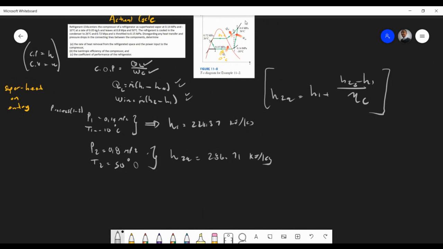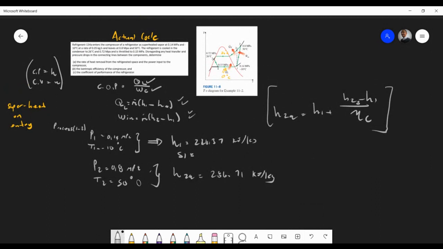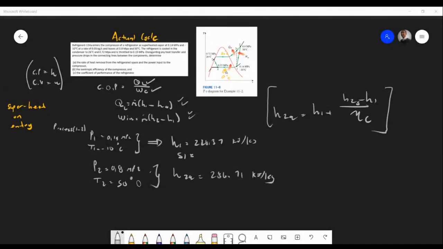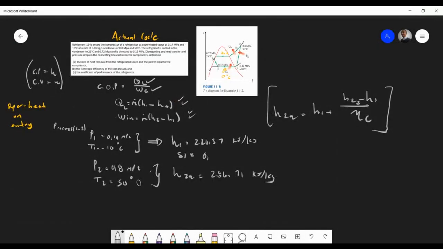So to find H2S, we have to find S1, right? I'm just doing that now. So let's go back to our saturation tables, not the superheated ones, and check what S1 was. So let's just do it now while we are here. Guys, quick, 0.9724 kilojoules per kilogram Kelvin.